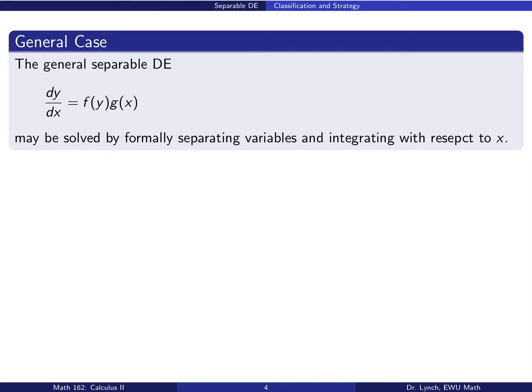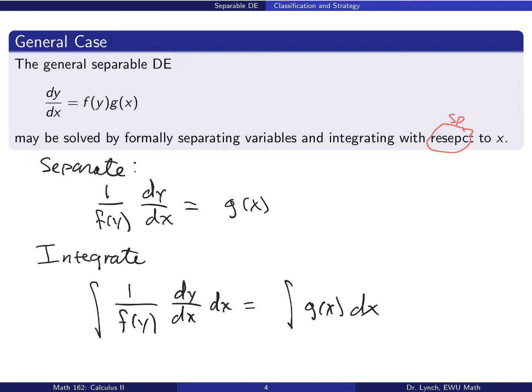Okay, it turns out any separable equation can be solved by formally separating variables and integrating with respect to x, sorry about that typo. So here's what I mean by that. We can separate variables by moving the f of y to the left-hand side of the equation and rewriting the equation as 1 over f of y times dy/dx equals g of x.